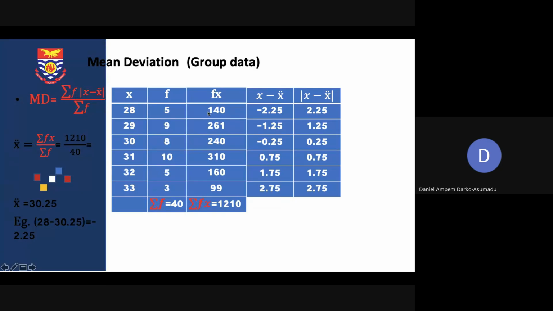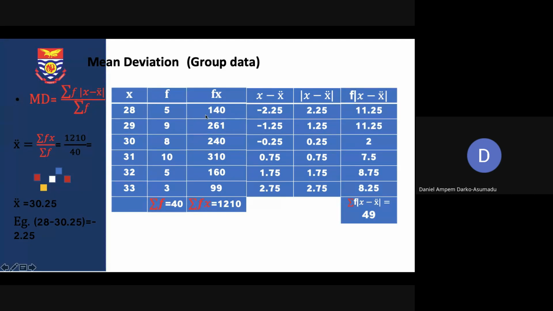So here we multiply the absolute values by the frequency. 5 times 2.25 gives you 11.25. 9 times 1.25 gives us 11.25. 8 times 0.25 gives us 2. 10 times 0.75 gives us 7.5. 5 times 1.75 gives us 8.75. 3 times 2.75 gives us 8.25.